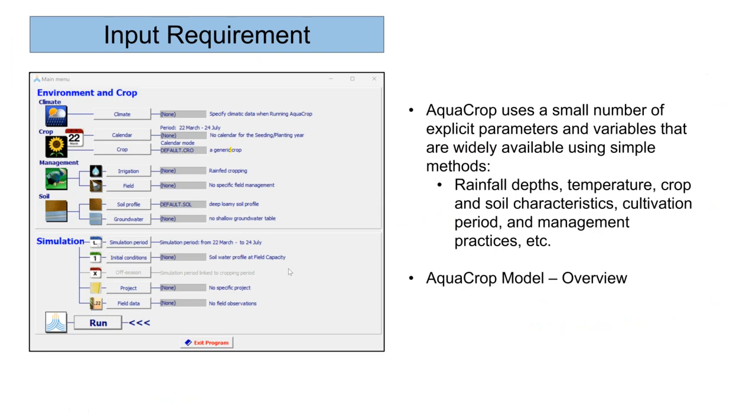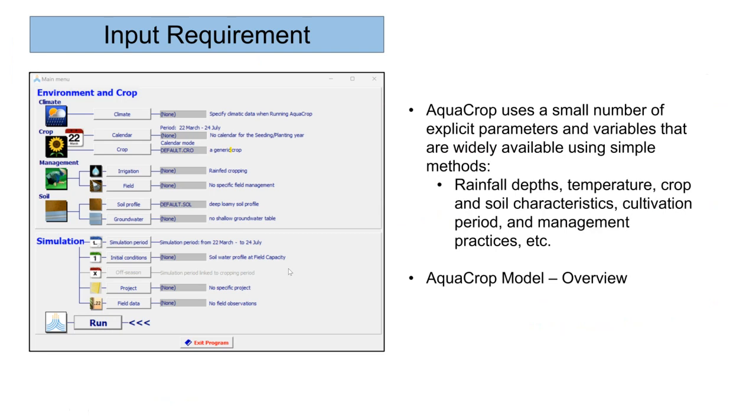You will need some information about the crop you want to cultivate, a little bit of the management used to cultivate these crops, as well as the soil profile. As for the simulation part of the model, you will need to know from when you start sowing your crops to when you start harvesting. But other than that, it's pretty simple and straightforward.